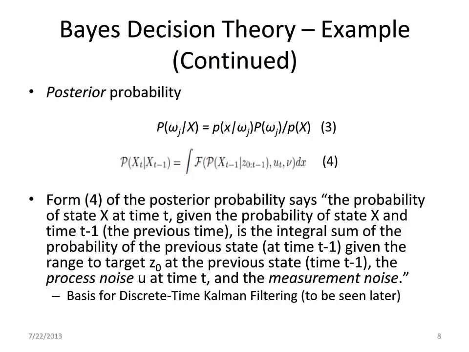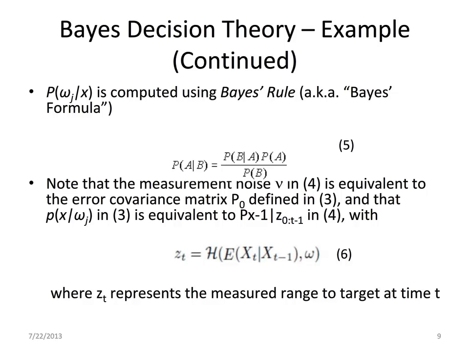I have a bullet that says the probability of this state of nature, omega sub j given x, is computed using Bayes' rule, which is also known as Bayes' formula. So based on our previous discussions, what we're computing is equation 3 from the previous slide, and Bayes' formula is given by the probability of A given B equals the probability of B given A times the probability of A, that product divided by the probability of B. That's set theory notation.